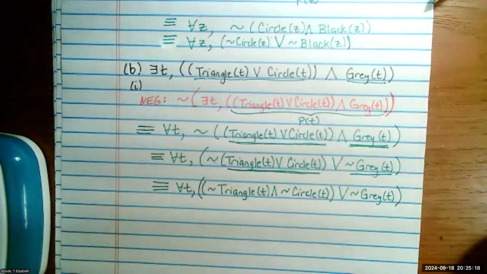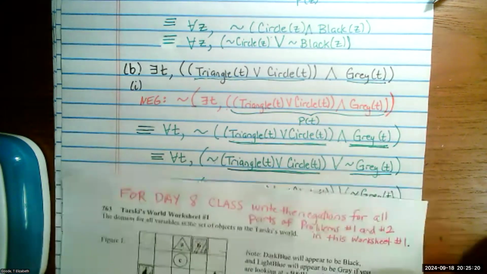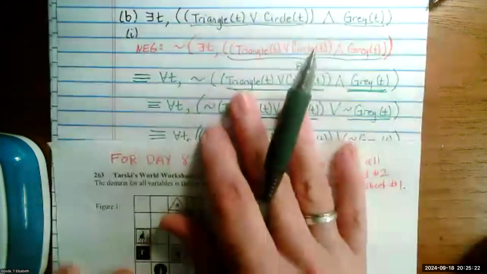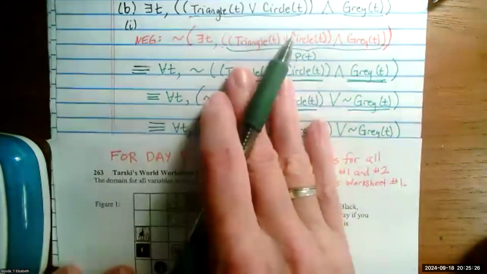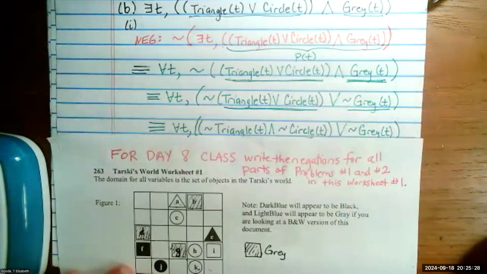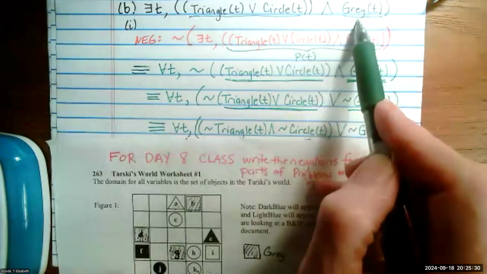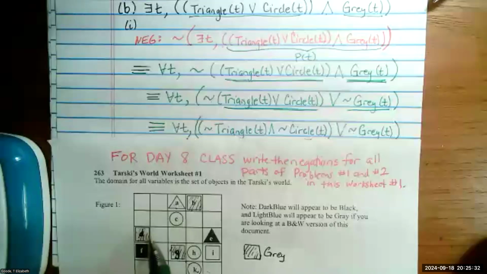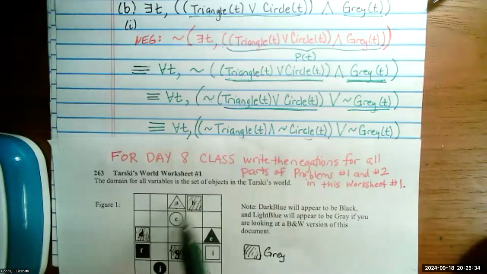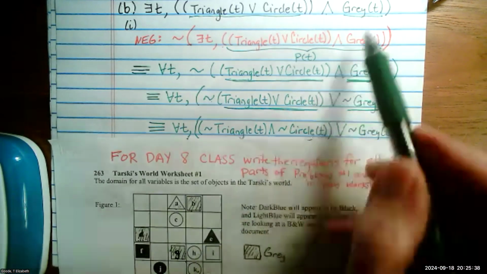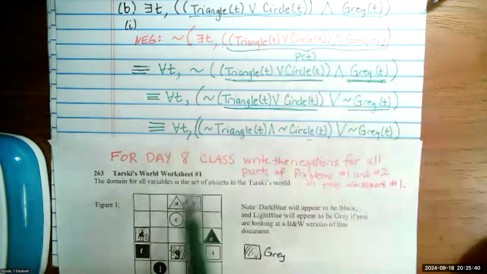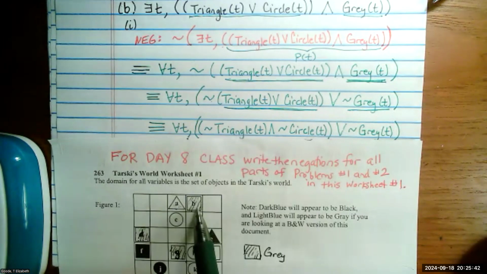So when we get ready to figure out if it's true, we can look here and we're looking for an object T. It's gonna have to be gray, so it's either gonna be B or D or G, because those are the three gray objects, right? T's gotta be gray. Well, the only gray objects are B, D, and G. A is supposed to be white.